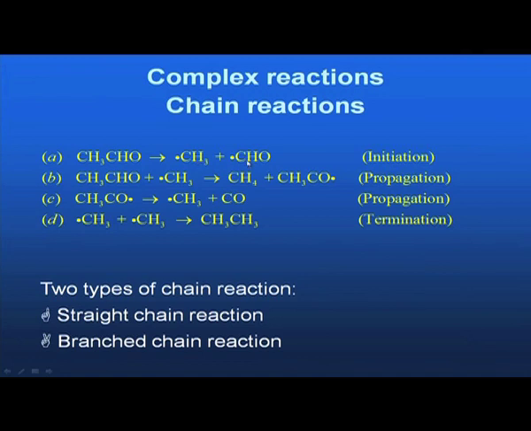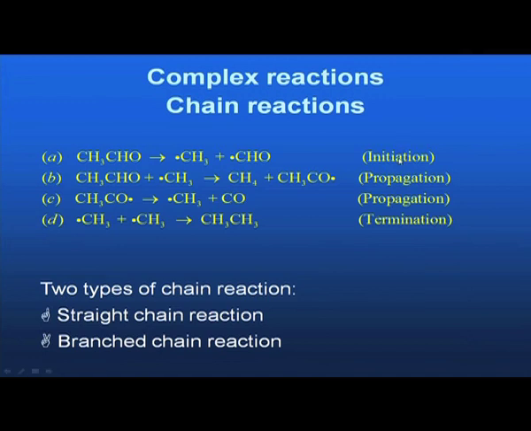This mechanism is proposed in this way, and then the CH3CHO again reacts with another CH3 radical producing CH4, that is, this one snatches one hydrogen from here, producing CH3CO radical and CH4, then CH3CO producing CH3 dot and CO. These two steps are called propagation, that is, this chain reaction is being propagated.